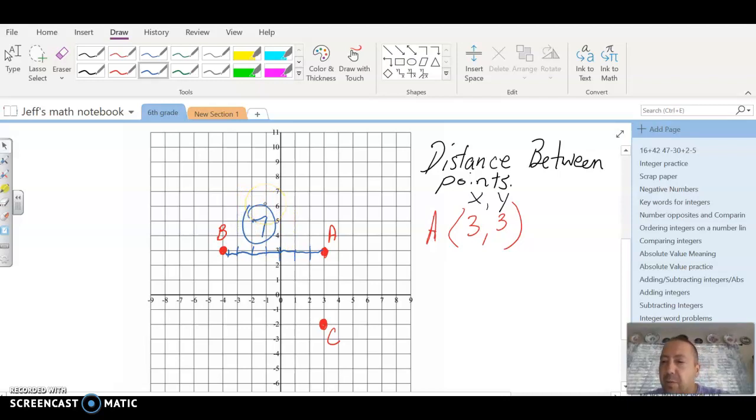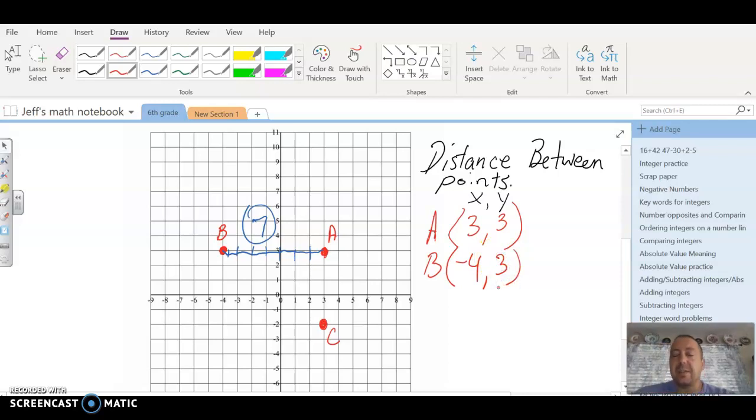But what if I don't have the coordinate plane? Then I have to use the coordinates themselves. So I'll need the coordinates of B, which are -4, 3.